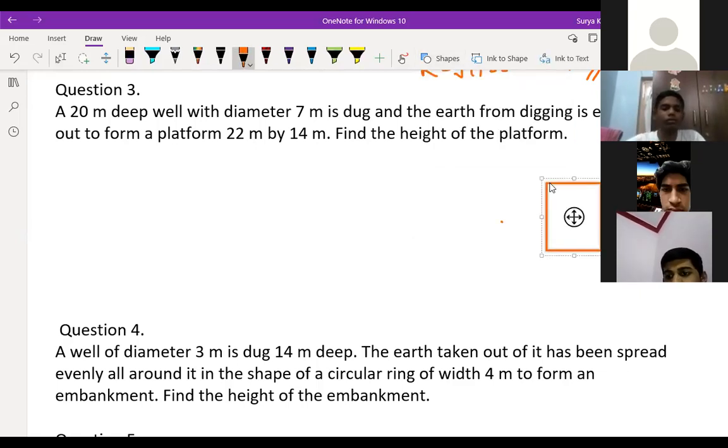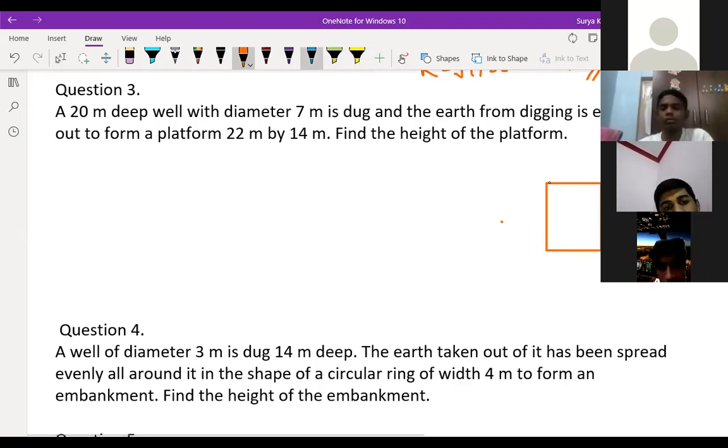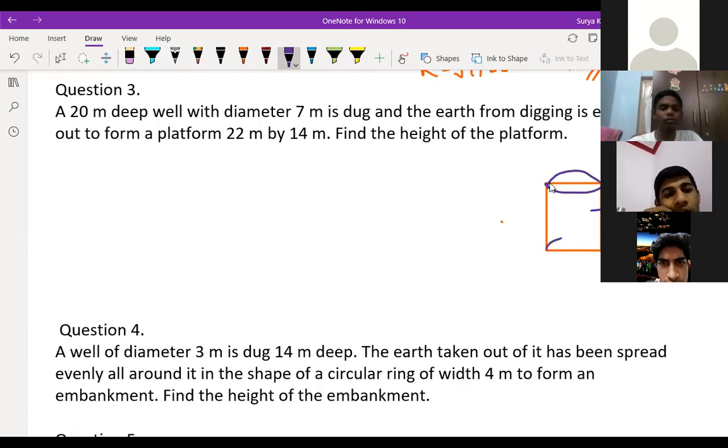So this well is diameter 7 meter. Diameter means radius is 7 by 2 meters. This is a well, 20 meters deep. So height is equal to 20 meters.